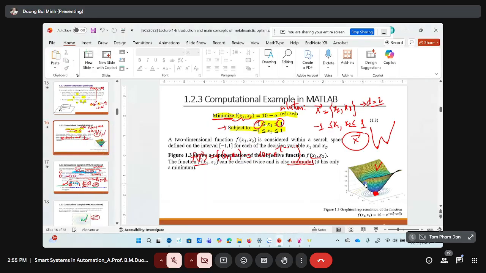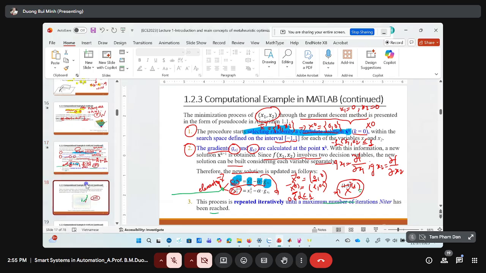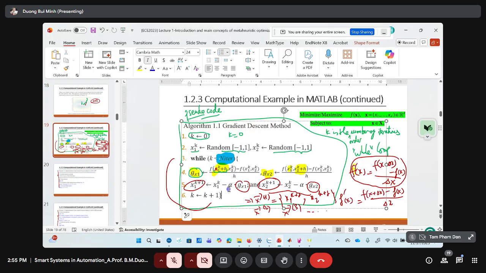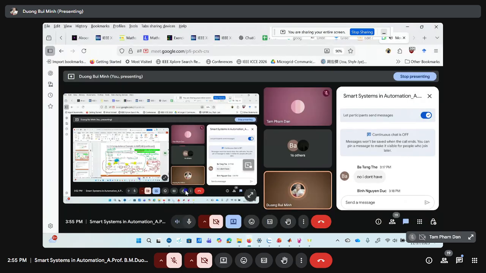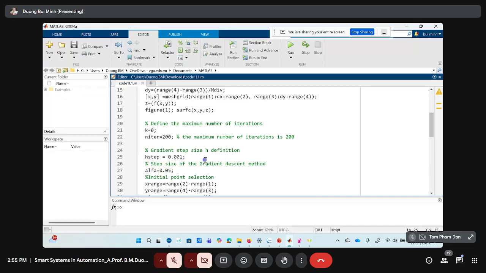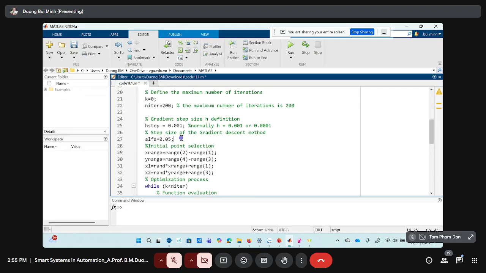Each step is here, right? Normally it is 0.001 or 0.0001, and we choose alpha as 0.05.